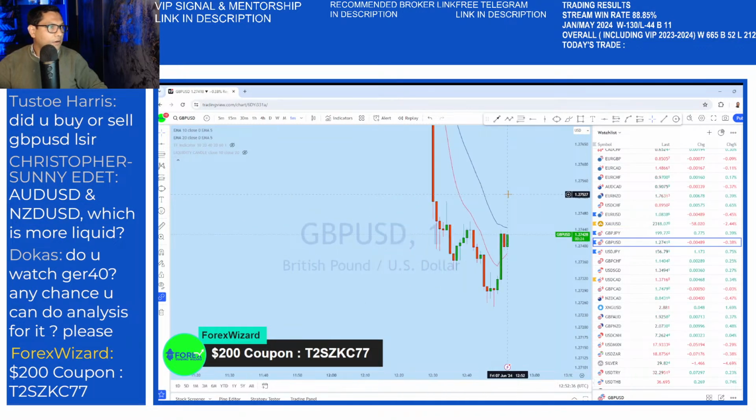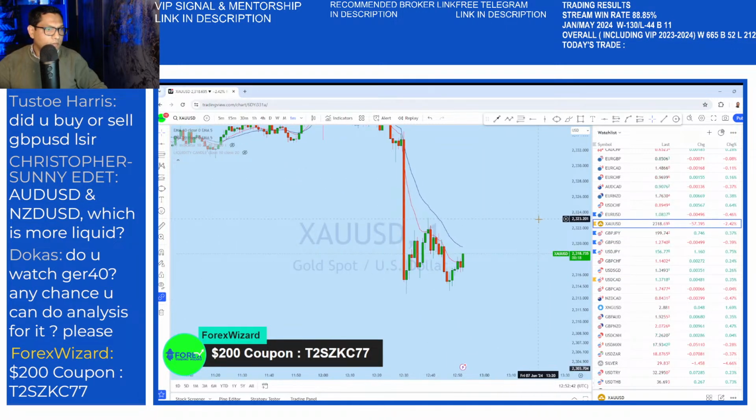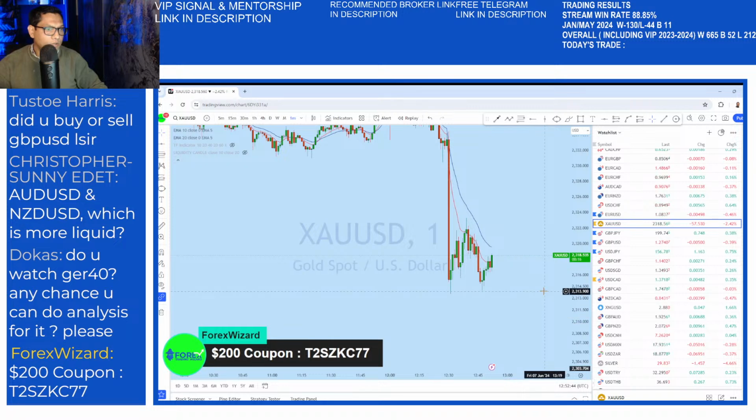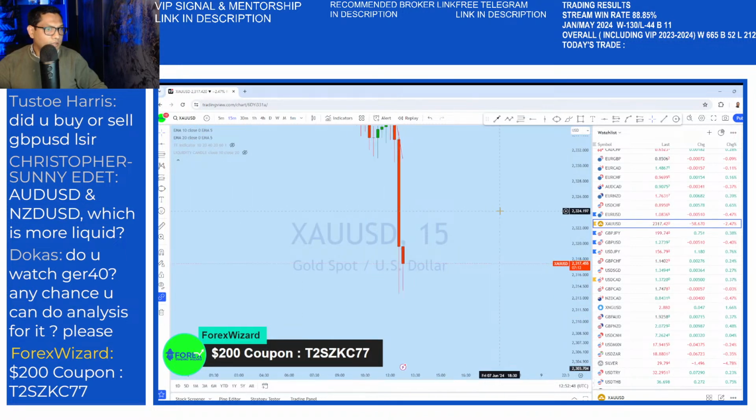Here GBPUSD again bouncing, and on gold, same thing, we can expect now a break and then to return.